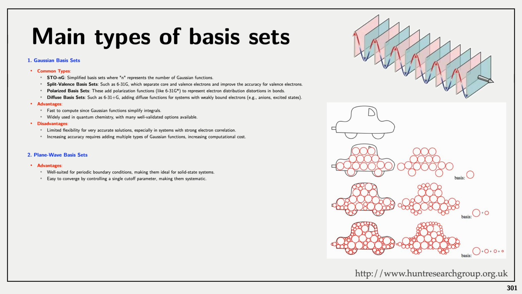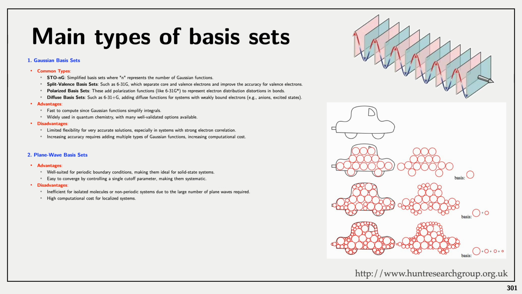So we use a certain number of plane waves and we stop at a certain number. I'm going to discuss that more in a few minutes. So this is actually more systematic because if the series converges, the more plane waves we include in the calculation, the better the calculation. So this is actually good for convergence studies.